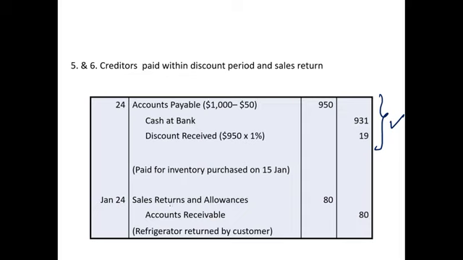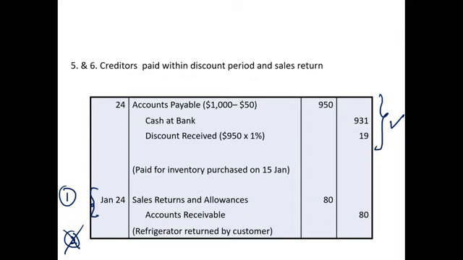Okay. For sales return and allowances, it's the same. Sales return and allowances, debit, for example, 80. Credit account receivable 80. So this is the first step. For number two, they don't have the number two.